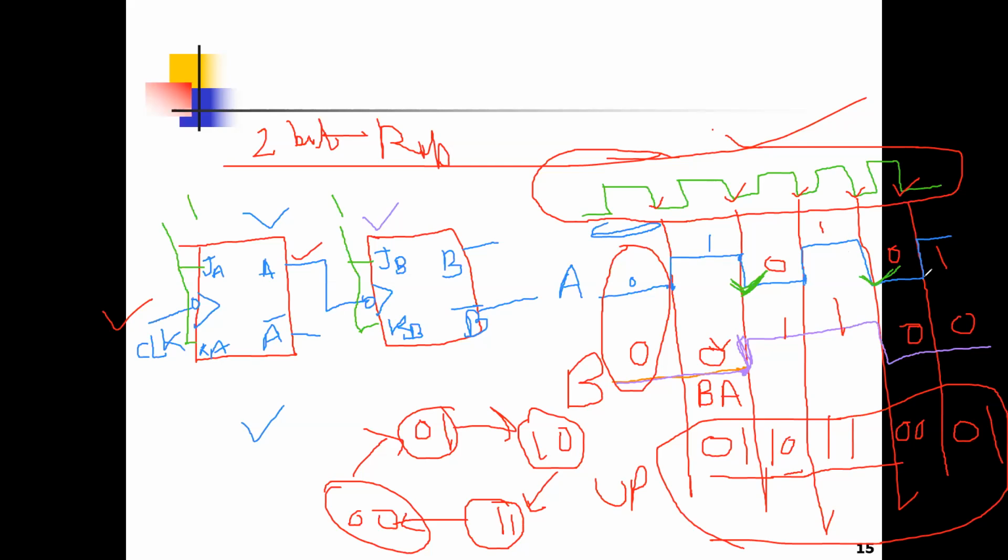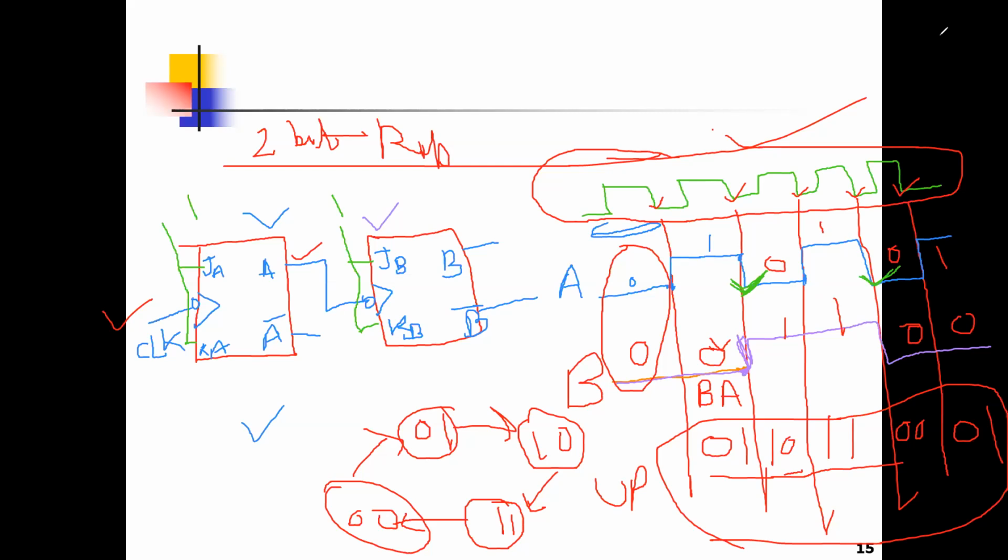So I need to use that property. That's why I am connecting JK with 1, 1 for this waveform. I cannot give J always 1 and K 0, because then it will give me always 1, so I will not get this waveform. And even if I connect K always 1, then it will give me always reset. So our motive will not be fulfilled. So for this ripple counter, I need to connect J and K always with 1. Clear?